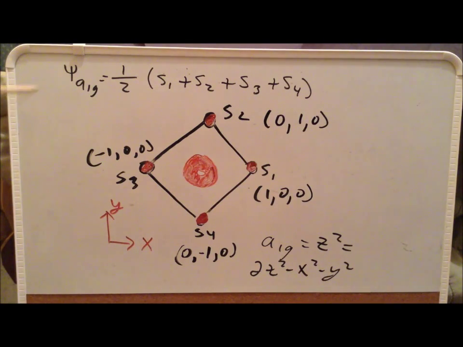So we could as well have written it up here as minus S1 minus S2 minus S3 minus S4. We could just as easily, in the process of normalization, multiply through by a minus 1, since that doesn't change the value of the function. It's a perfectly good solution for the Schrodinger equation. So what we end up with is exactly the same function that we had before: 1/2 (S1 plus S2 plus S3 plus S4).